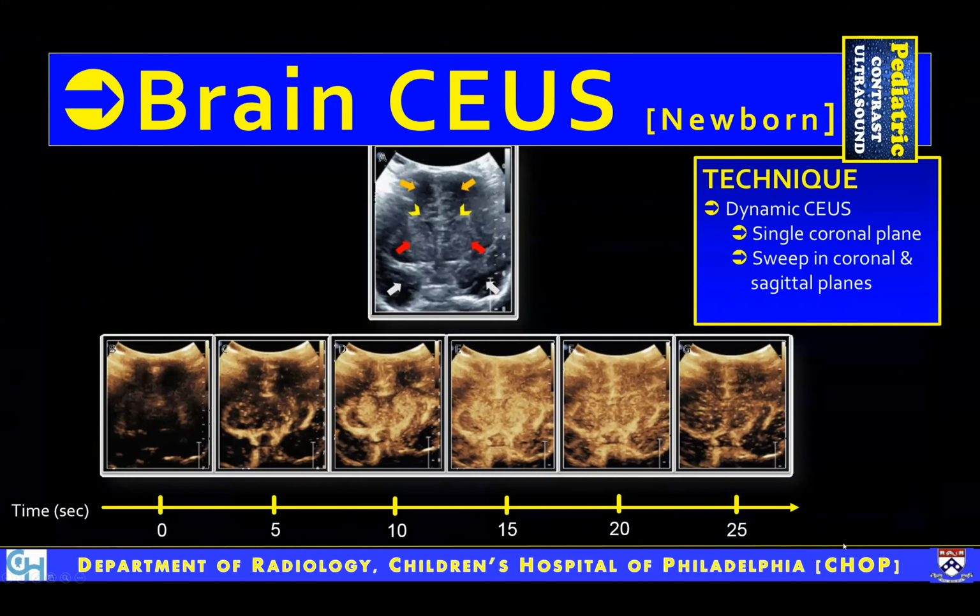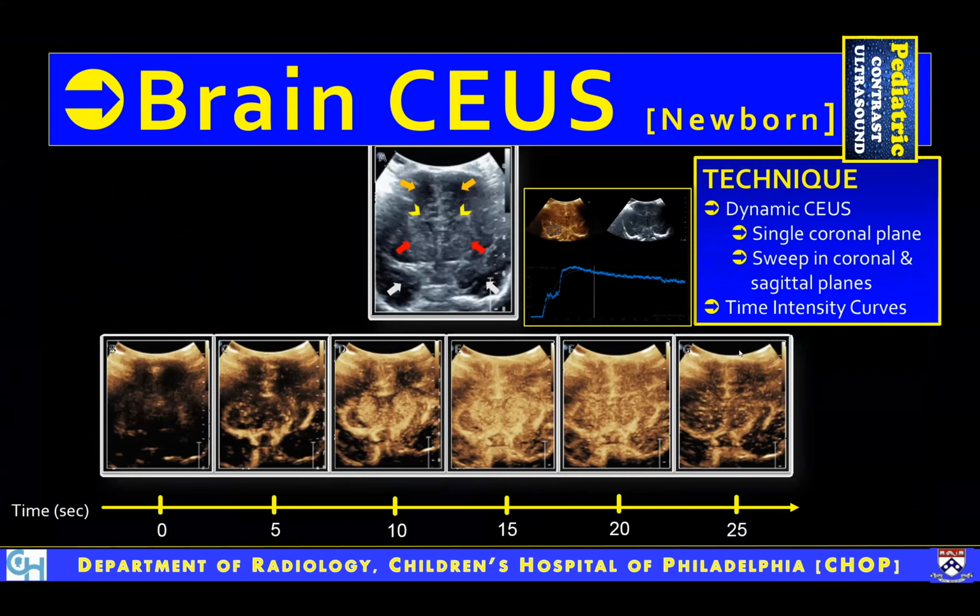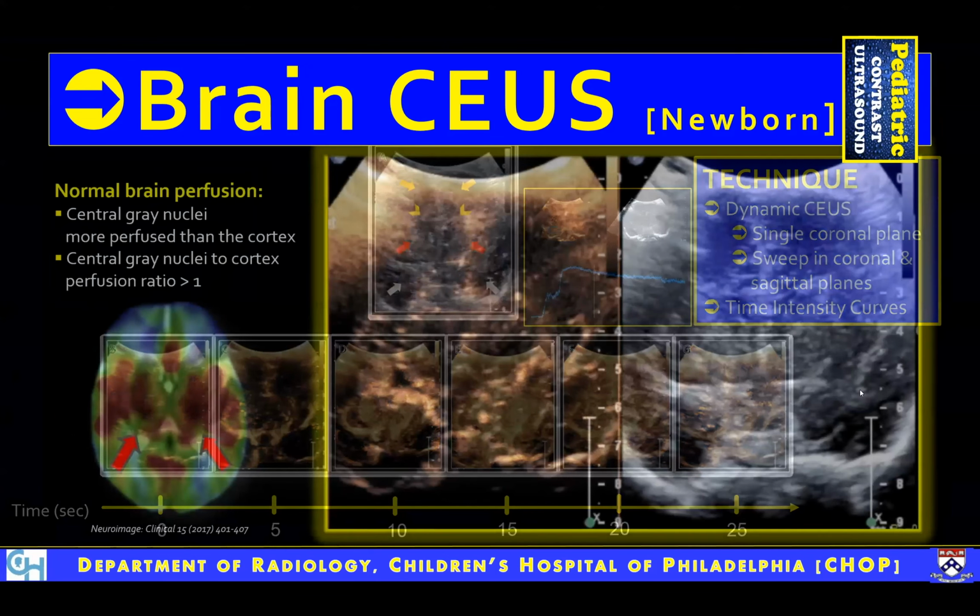So it's a dynamic examination, and here are serial images of a newborn with the enhancement of the brain. And we usually have a single coronal brain view, and then at the end we do a sweep through the whole brain and generate also time intensity curves like I described before.